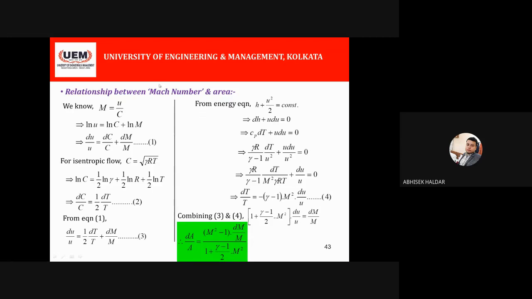I am trying to find out the Mach number and area relation. This Mach number I have got as m square. So this part is m square minus 1 into dm by m divided by 1 plus gamma minus 1 by 2 into m square. From where am I writing this? From which equation am I writing this?